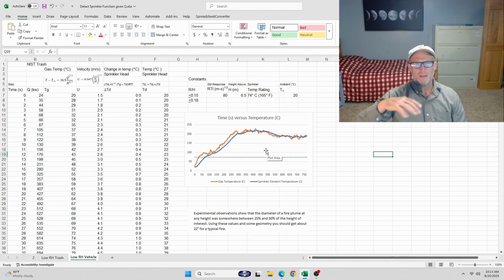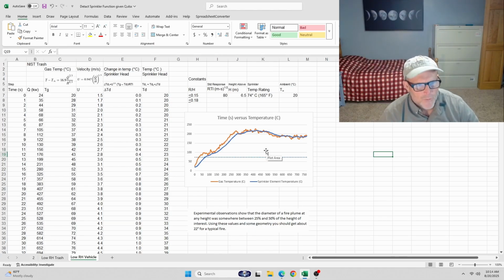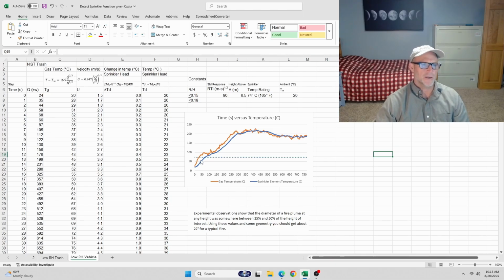So let's say you have about 20 feet from where the fire of the car is up to your sprinkler head. With this fire, if a fire was ignited from a vehicle, and this, the x-axis down here, that's in seconds. If you look where the blue line crosses the dash line, it's about a minute and a half, a fairly fast response.